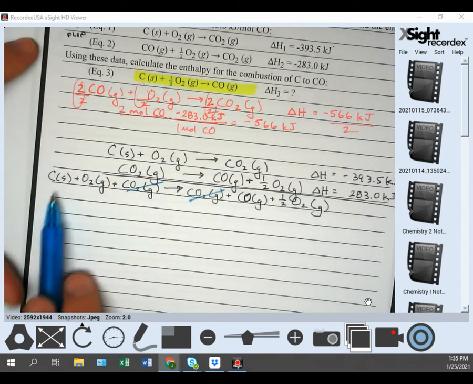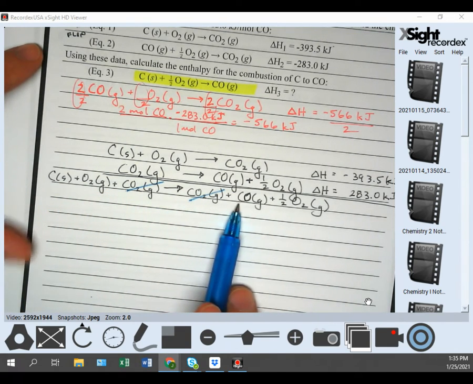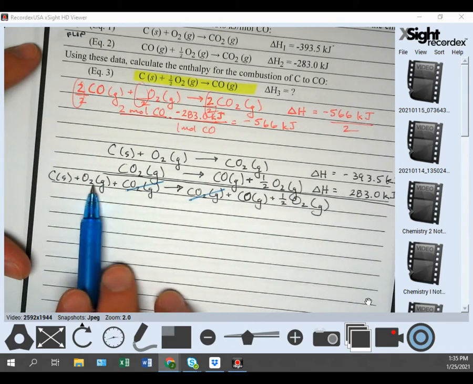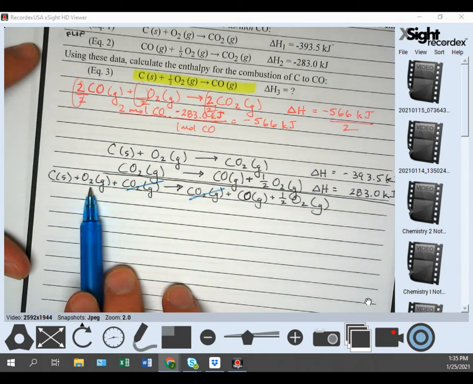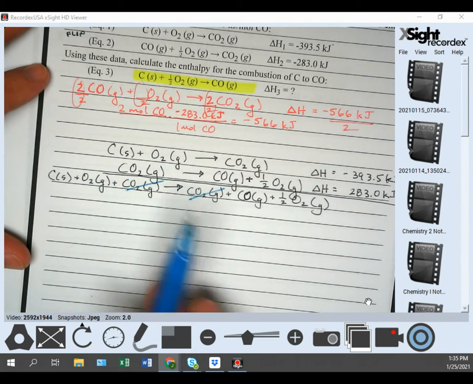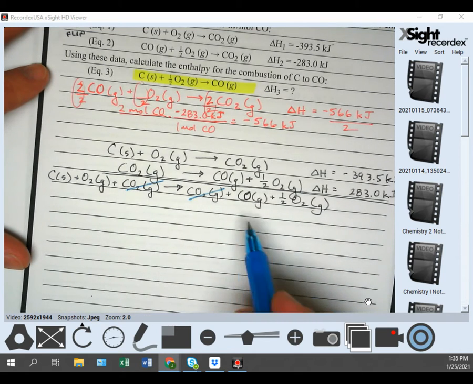Now, we've got carbon solid here. We've got oxygen on both sides, but they don't cancel. They don't have the same amount, correct? Now, in our chemical equations, you don't want something being negative. You don't want minus something, typically.